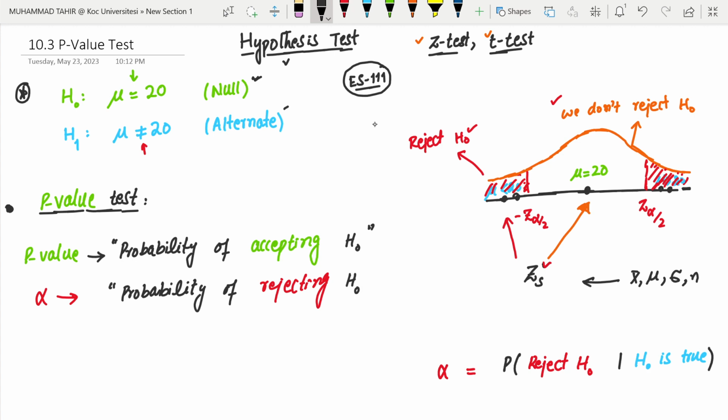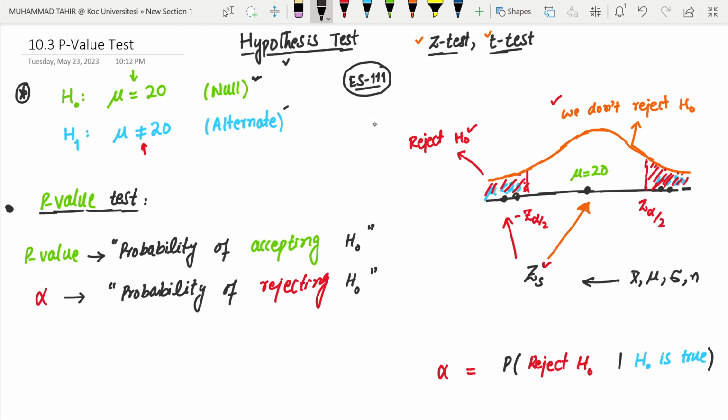In order to be complete, I should have written here given H0 is false, but I am not going to write that. In order to be precise, I will write this. So p-value is probability of accepting H0 and alpha is probability of rejecting H0.